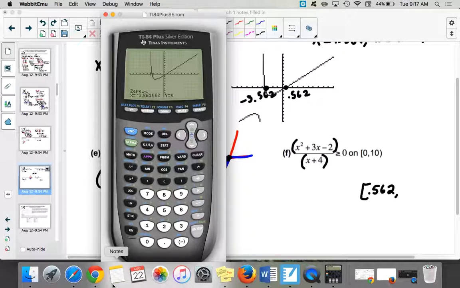Yeah, look at it. We're only on the interval 0 to 10. So we're stopping at 10. And we do a parenthesis because 10 wasn't included. What about the other side? Negative infinity to negative 3.562? No, because it's not on the interval that we were given. Does that make sense? So that's our final solution.